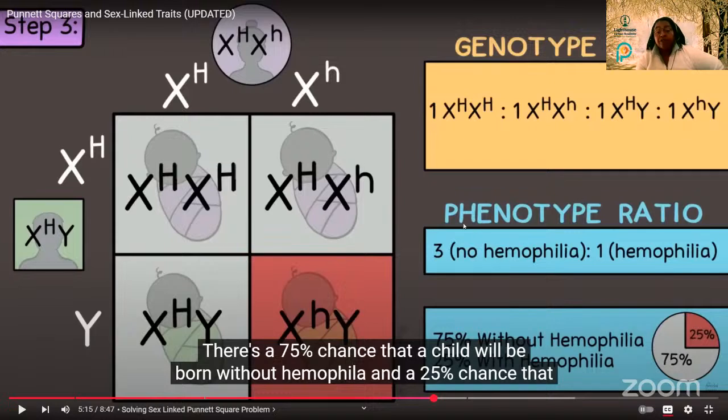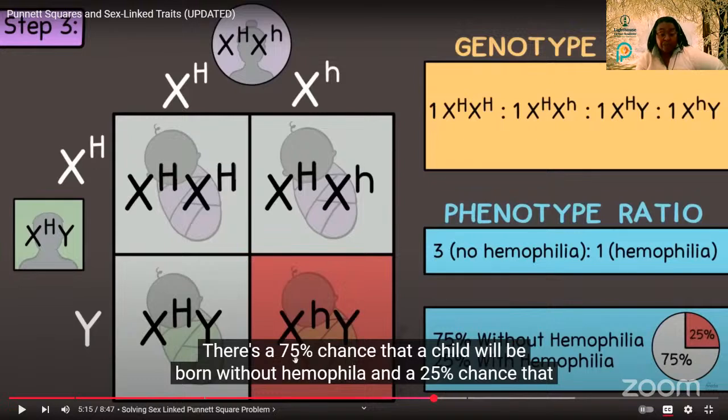All right, so phenotype, 3 of them will have no hemophilia, will be normal, and 1 will have hemophilia. And then the last thing you can do is represent it as a percentage, because that's what the question asked you. What is the percentage?